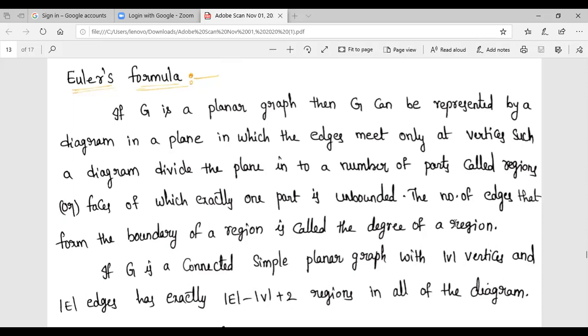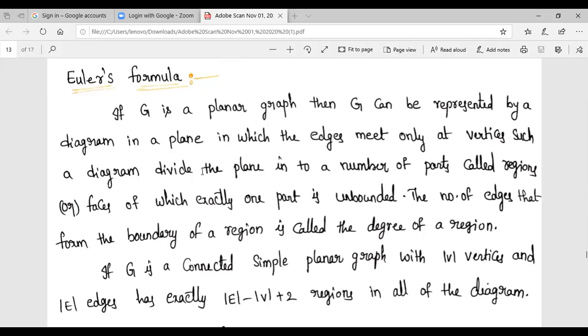So what is Euler's formula? The given graph is a planar graph. So planar graph means no edge crossing. Then G can be represented by a diagram in a plane in which the edges meet only at vertices.